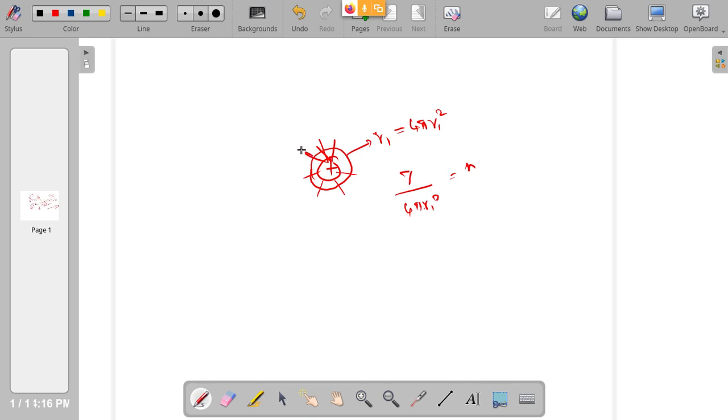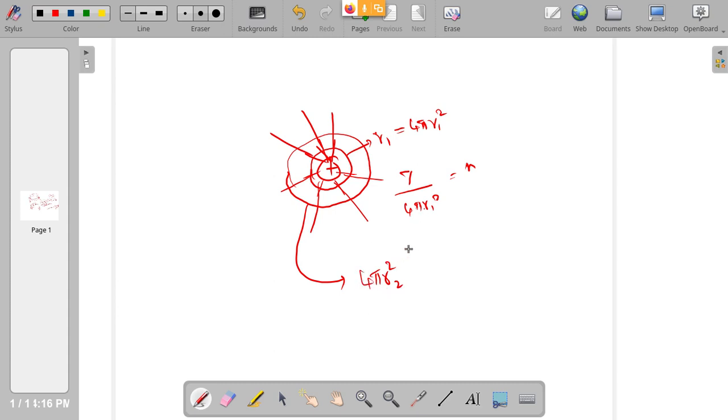Next, the lines are anyway extending to infinity, as I already said. If lines are extending to infinity, you can draw a larger sphere somewhere else also. Same charge, you can enclose it with a larger sphere now. This sphere has a higher surface area. Now it is 4 pi r2 square, where r2 is the radius.